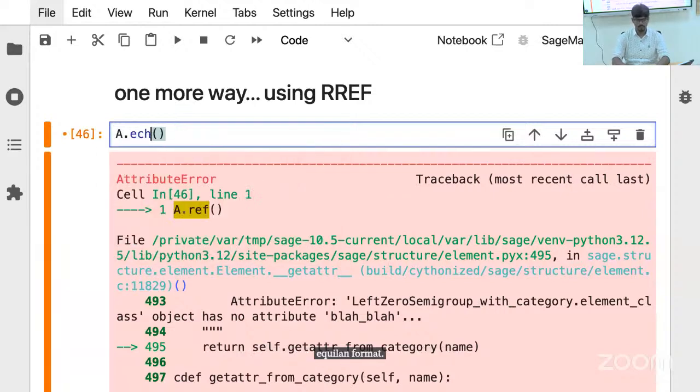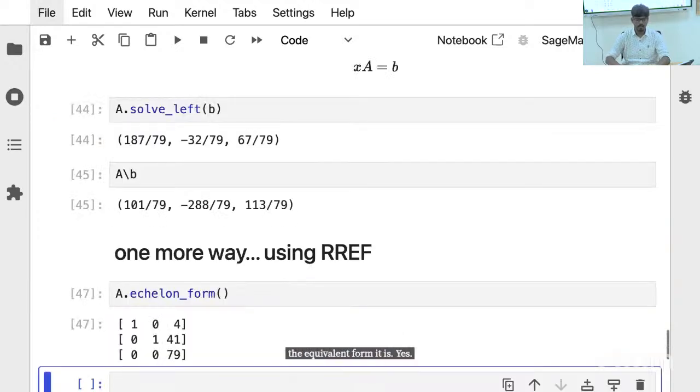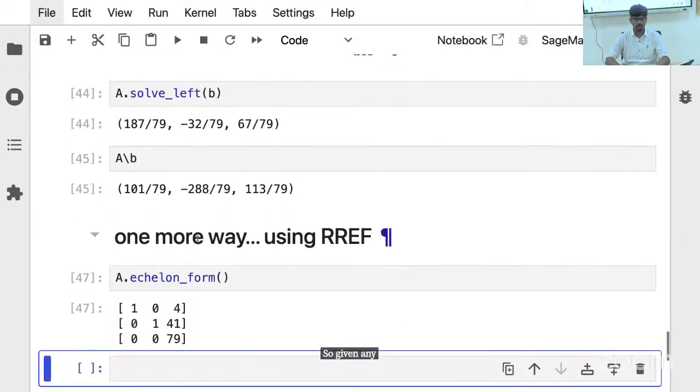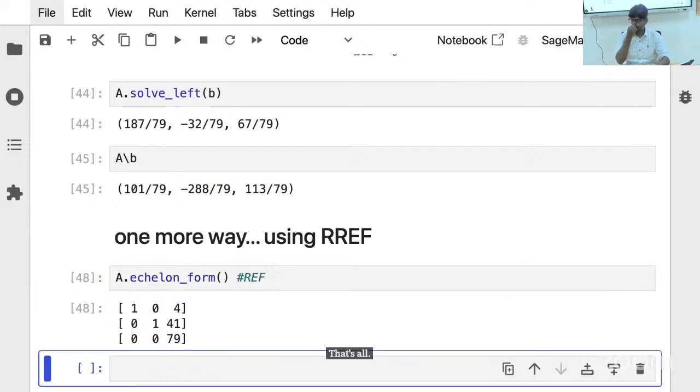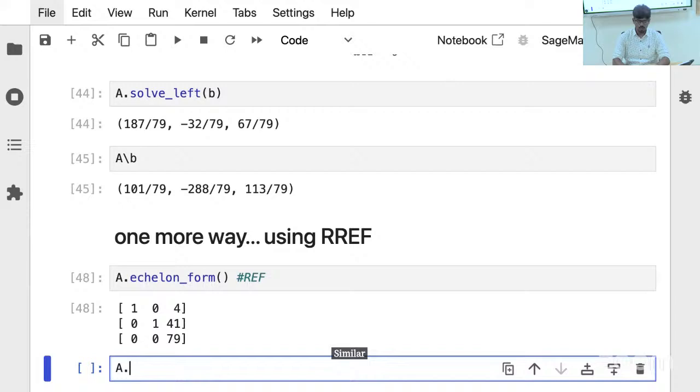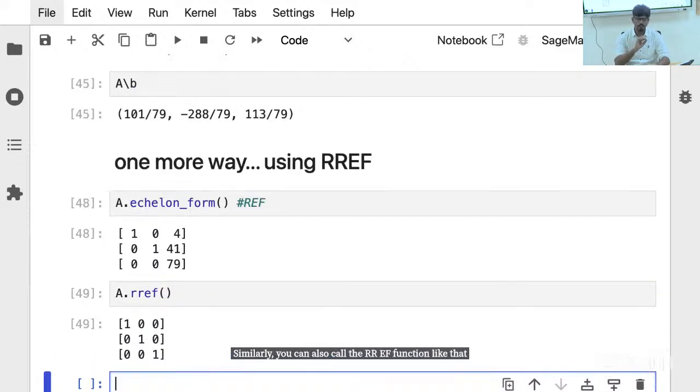Yes. So given any matrix, you can call this function called echelon form that gives you a row echelon form. That's all. Similarly, you can also call the RREF function like that, and that will give you a row reduced echelon form.